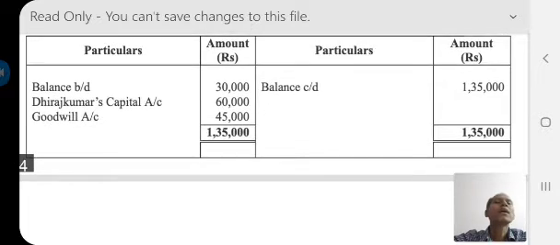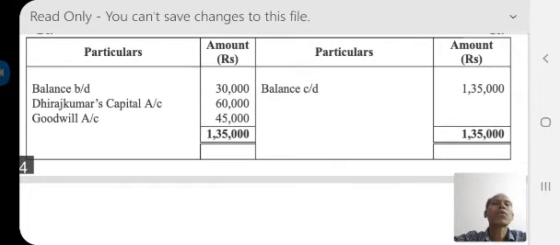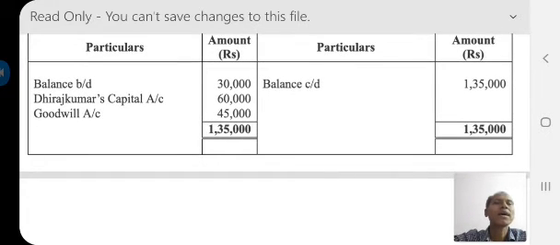Okay, clear. So if we sum up these three, we get 1,35,000. This 1,35,000 is shown in the ending balance. That means the new balance sheet, which is prepared after admission of Dheeraj Kumar.